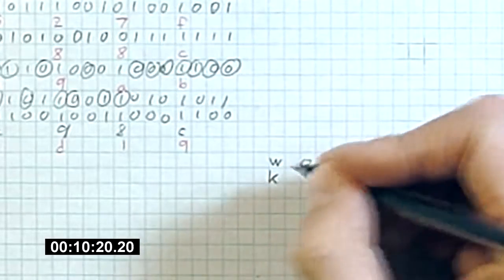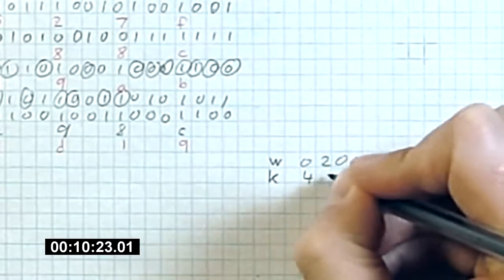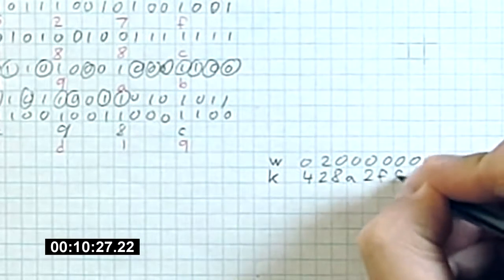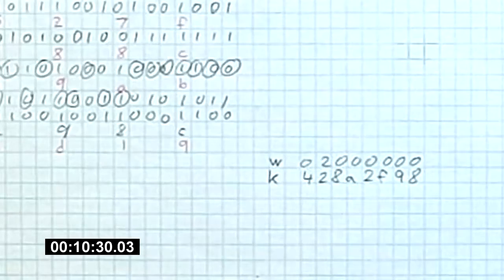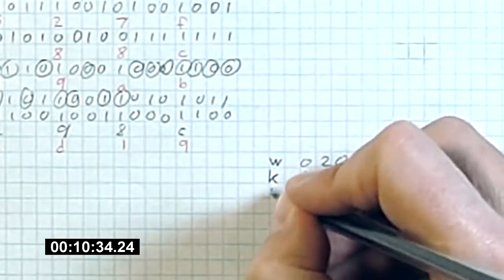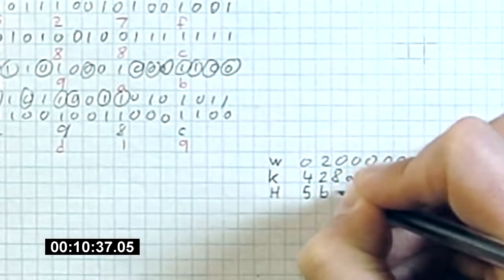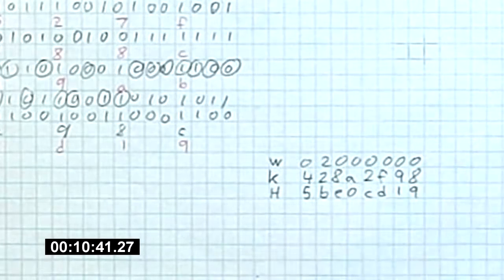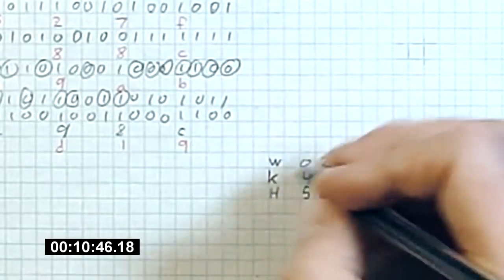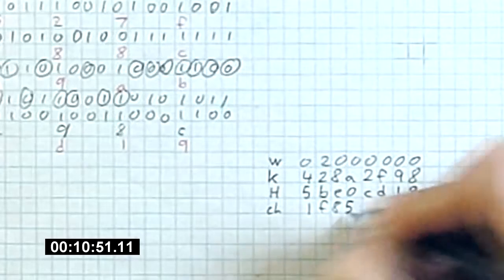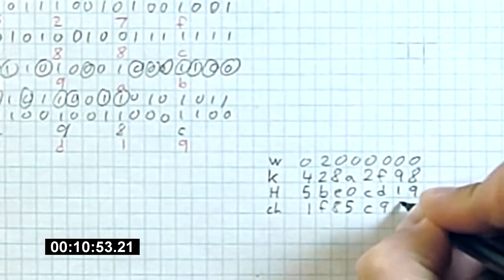Now we take another constant provided by the NSA, 428A2F98, and we take our value H, which is just the same value we started with, unchanged, 5BE0CD19. We take our choice value we computed earlier, which was 1F85C98C.